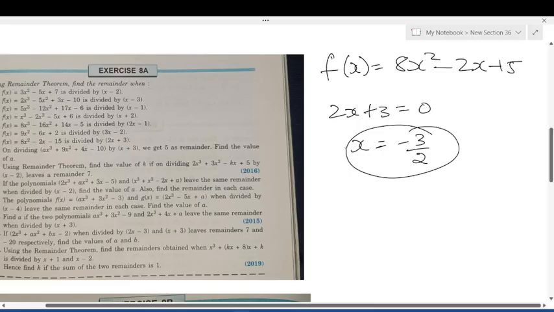And this you'll have to substitute here. Rewrite the value. F of minus 3 by 2 is equal to. Substitute the values now.